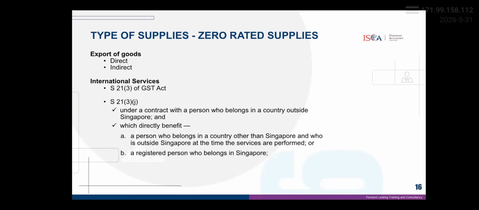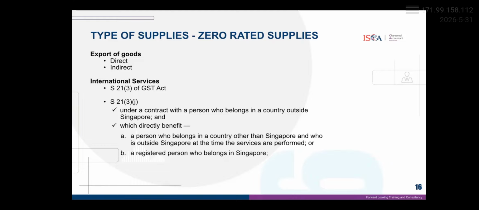An example of international services under Section 21(3) is Section 21(3)(j), which states that you can zero rate if the transaction is under a contract with a person who belongs in a country outside Singapore and which directly benefits a person who belongs in a country other than Singapore and who is outside Singapore at the time the services are performed, or a registered person who belongs in Singapore.